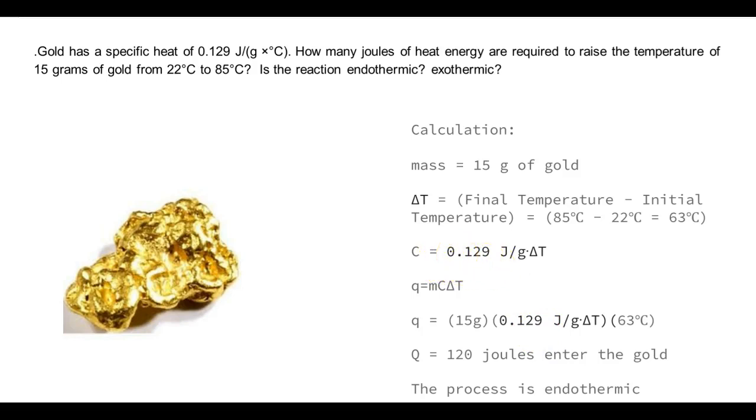I'm not working with water, I'm working with gold, so I have to have it be unique to gold. And I will always give you the specific heat capacity. So when I work through the calculations, it looks like I need 120 joules of energy to enter that gold in order for it to increase its temperature. And because energy is entering the gold, this process is endothermic.